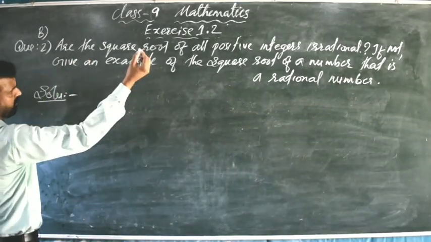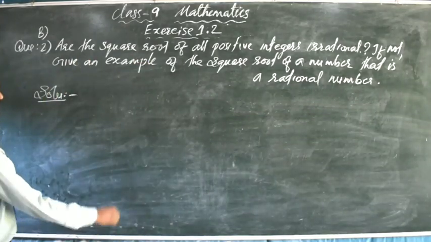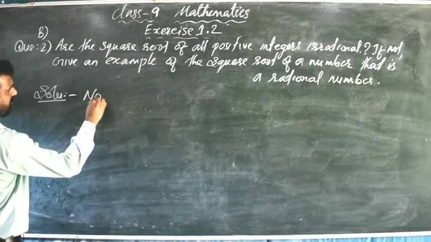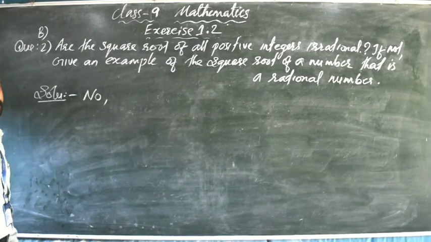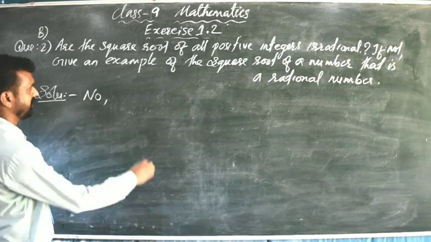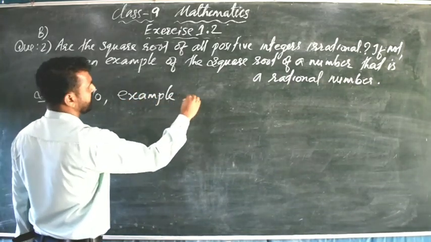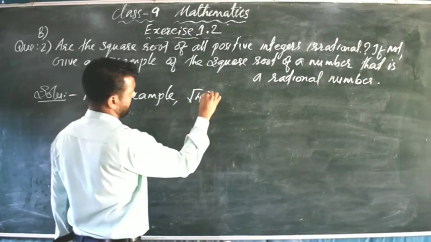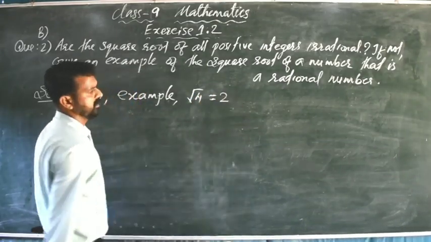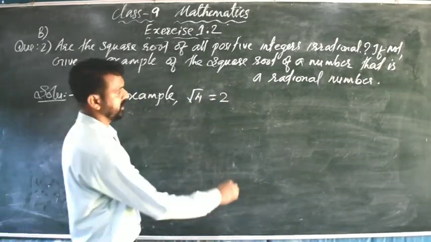Are the square roots of all positive integers irrational? No. Square roots of all the positive integers are not irrational. Example, root 4 is equal to, we know that answer, 2, which is a rational number.